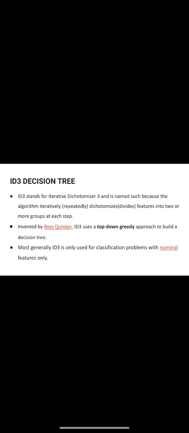In simple words, the top-down approach means that we start building the tree from the top, and the greedy approach means that at each iteration we select the best feature at the present moment to create a node. Generally, ID3 is mostly used for classification problems with nominal features only.